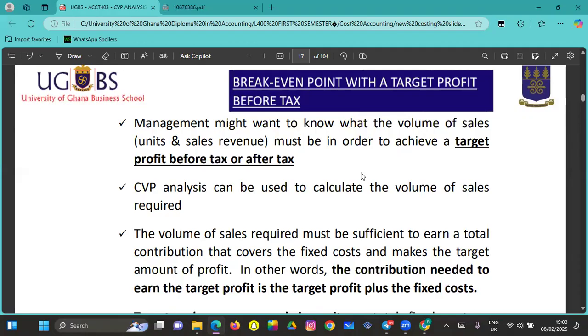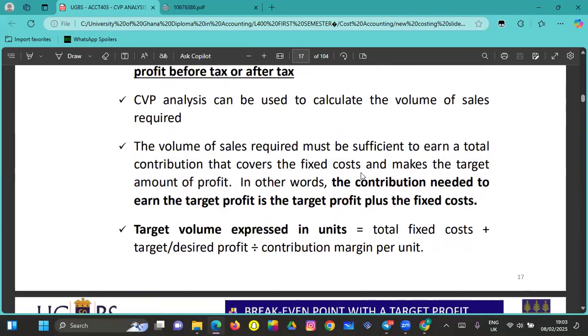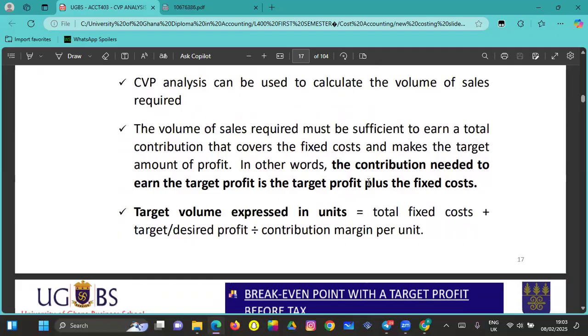They know the sales target they should make so that they break even, so you just add your profit to that. That's the same example here. Let me bring up the whiteboard.